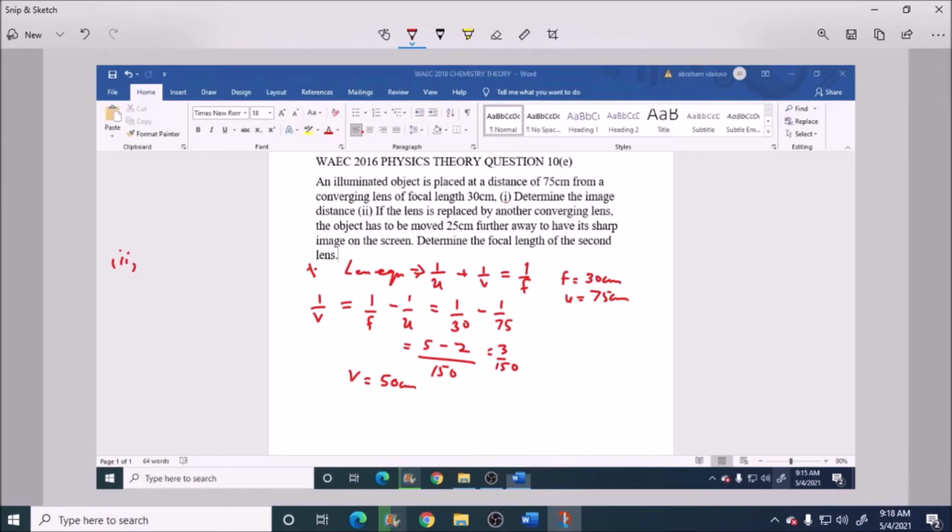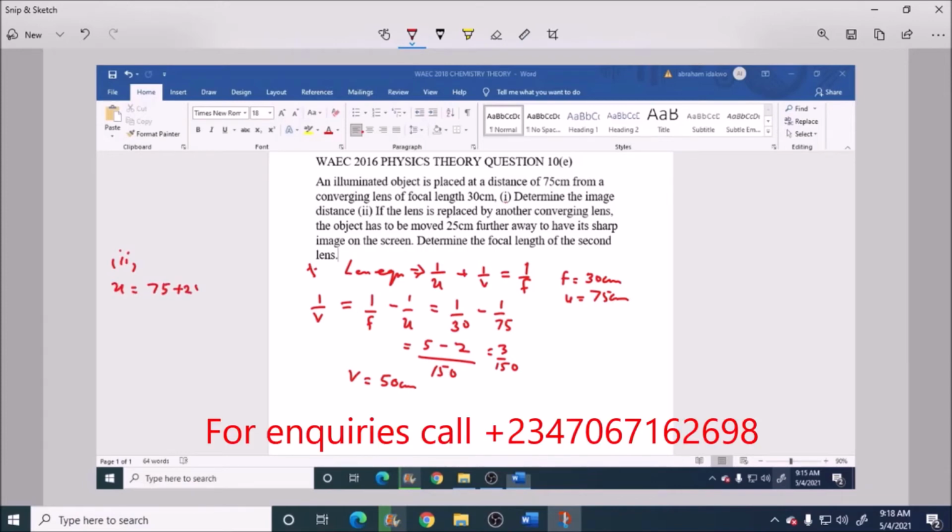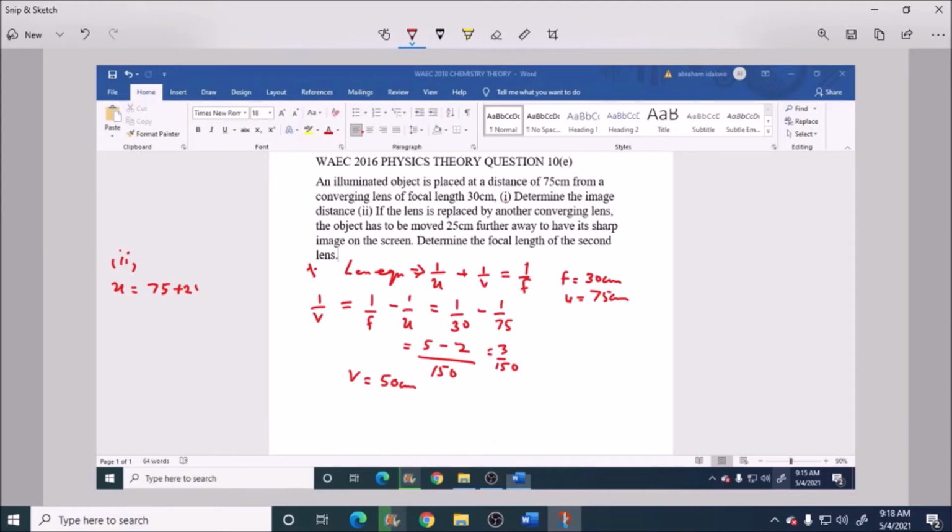So we have the object distance to be equal to 75 plus 25, which is equal to 100 centimeter. Okay, so let's have the equation 1 over u plus 1 over v equal to 1 over f.